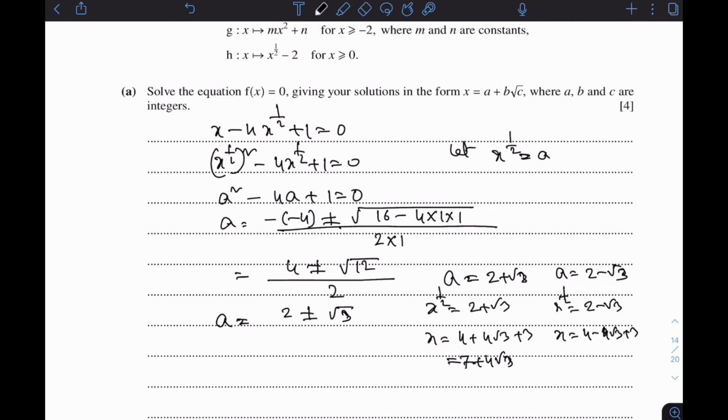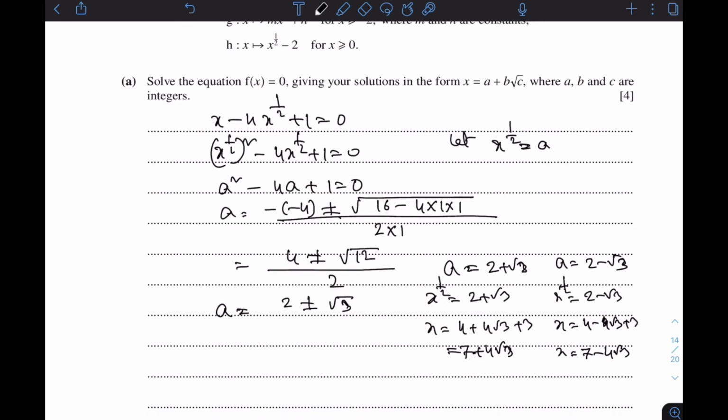So let us simplify. x equals 7 minus 4 root 3. So the values of x are 7 plus 4 root 3, and 7 minus 4 root 3. So there are two answers for this.